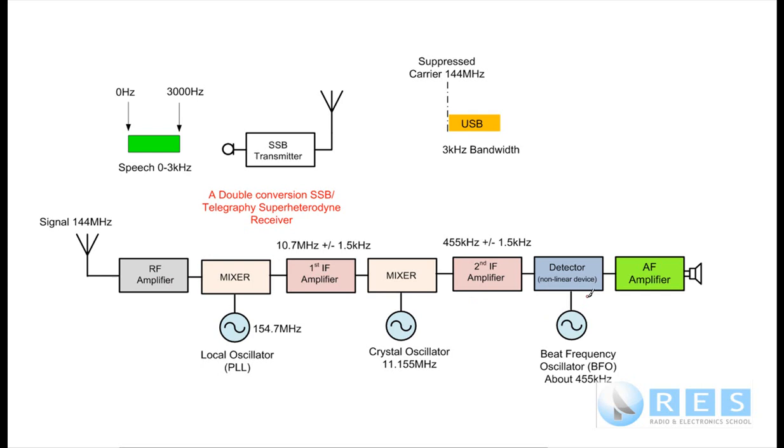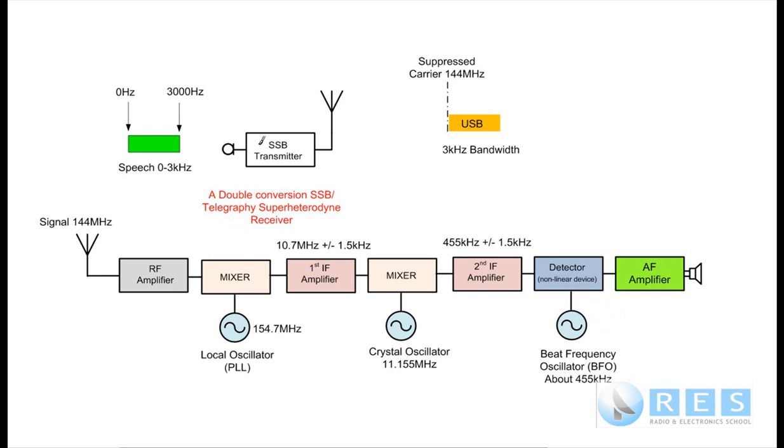And the only extra stage that I've put in is this one here, the beat frequency oscillator. Also, I've changed the frequencies just to show you that the actual frequency of operation is not important.